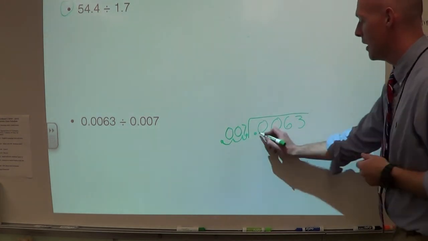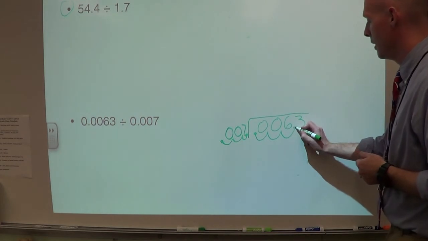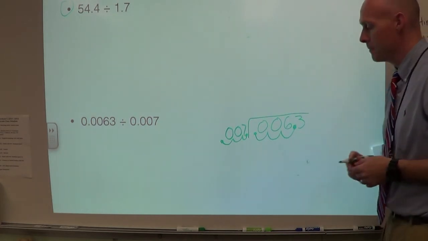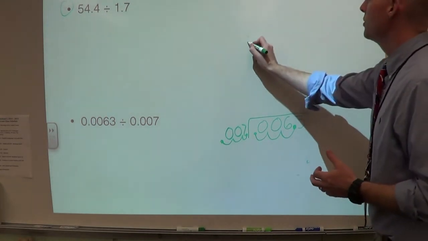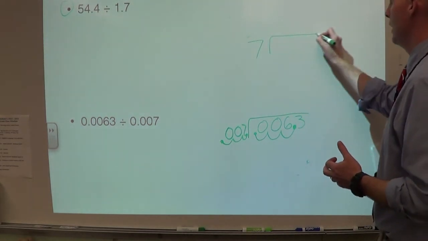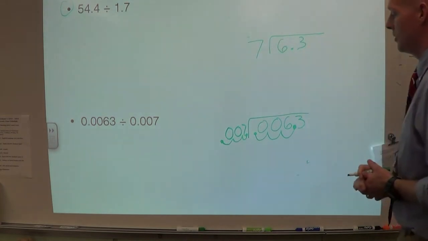And if we move it 3 times there, we have to move it 1, 2, 3 times there. So now my new decimal place is there. Let's rewrite the problem so we could see it. 7 on the outside and 6.3 on the inside.